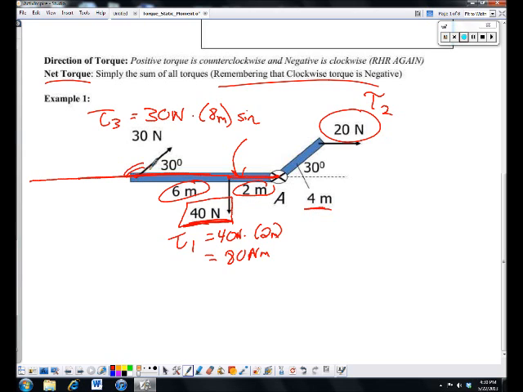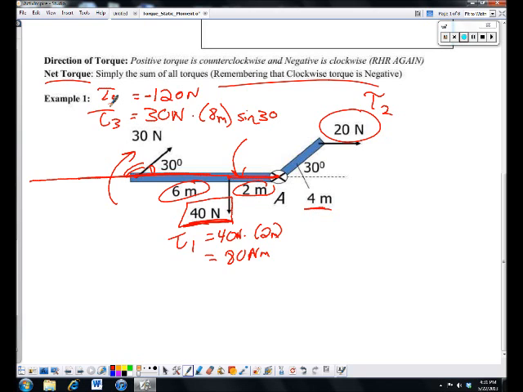Doesn't matter whether you mark here or mark there. They're going to be the same, they're coterminal angles. They will give you the same value of sine and cosine anyways. So I'm going to pick sine of 30, and of course, we know sine of 30 is just 1/2. So 1/2 times 8 is 4, times 30 is 120 newton meters. However, this is pushing clockwise, and so conceptually, we need to add a negative in front of it.